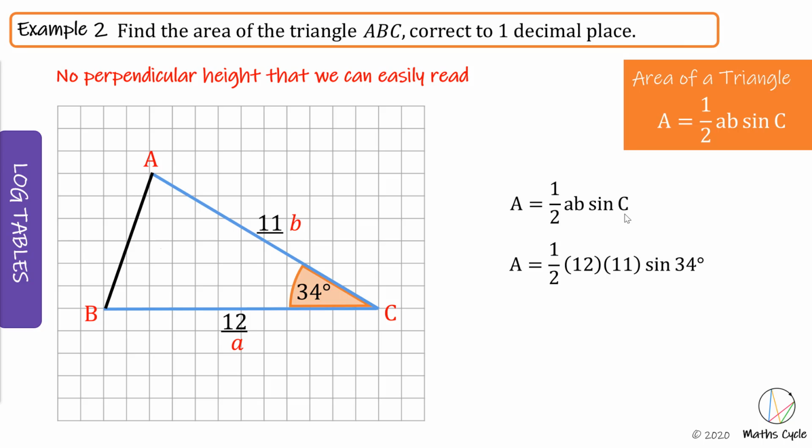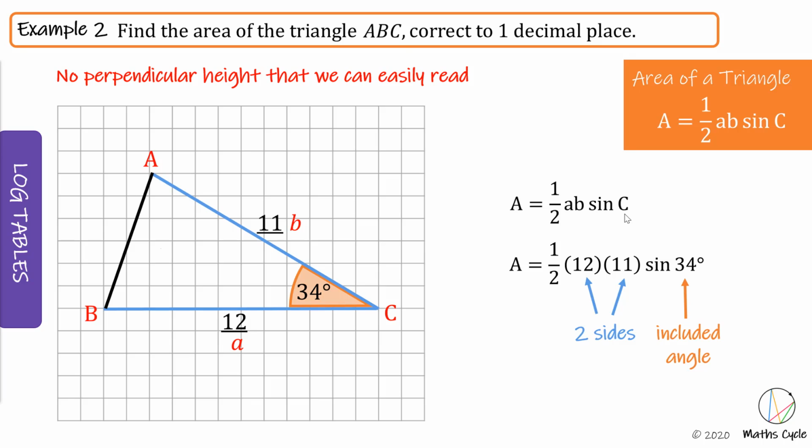You need to tune your eyes to look for two sides and the included angle. So that's what you need to tune your eyes for. Okay? Also worth mentioning, it won't matter which side you sub in first because order does not matter when we multiply. So just look for your two sides and your included angle.